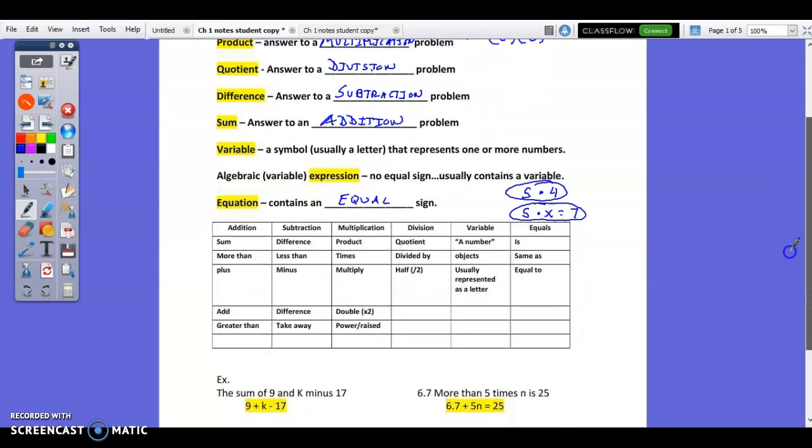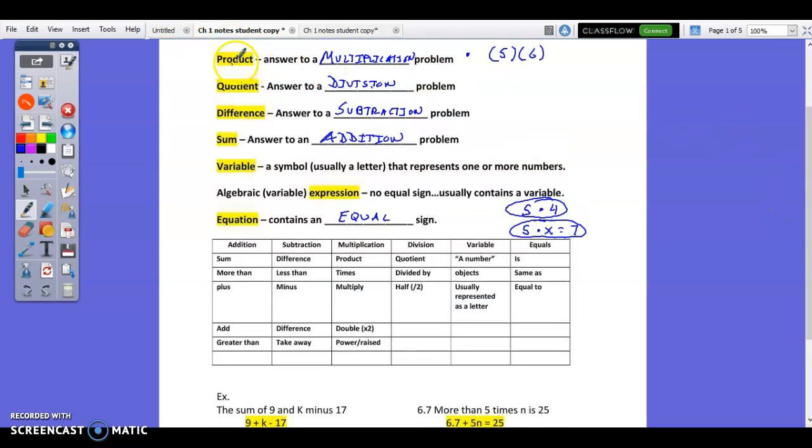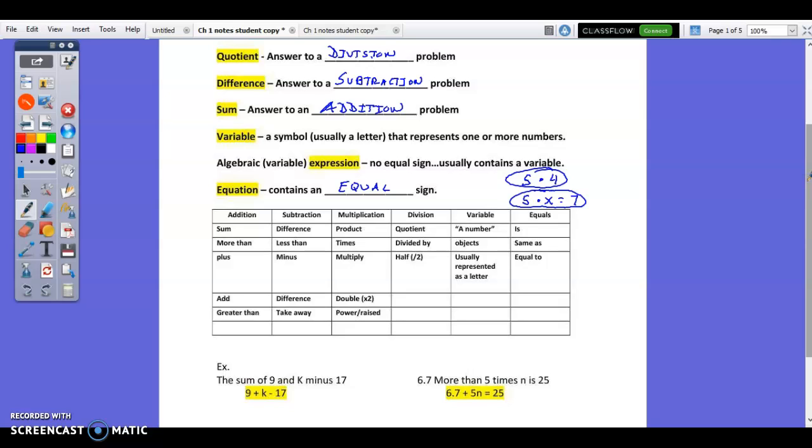Now in class, we filled out a chart. There's obviously these main vocabulary terms: product, quotient, difference, sum, which mean multiplication, division, subtraction, and addition. But there's also a lot of other words, and these are some of them. We brainstormed as a class to figure out what words also mean addition, subtraction, multiplication, etc. So here's some other ones to be familiar with. Like if you're reading a problem, they're asking you to write an expression or an equation. Addition would be sum.